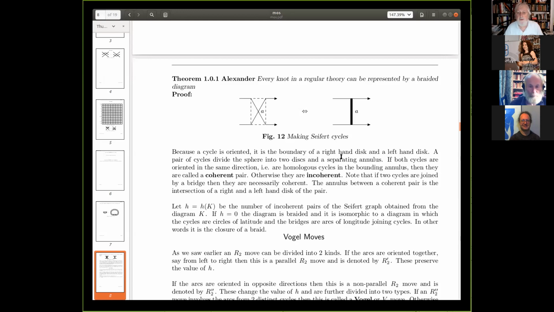So it divides the sphere into two disks. A pair of cycles divide the sphere into two disks and a separating annulus. If both cycles are oriented in the same direction, that is, they're homologous cycles in the bounding annulus, then they're called a coherent pair. Otherwise, they are incoherent.